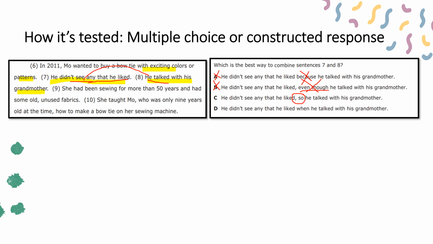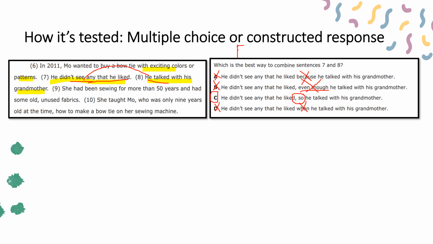So I'm thinking the answer is C, but I'm going to go ahead and read D just to make sure. He didn't see any that he liked when he talked to his grandmother. Oh no, we know that's not it because he talked to his grandmother first. And then our minds go back to our fanboys.